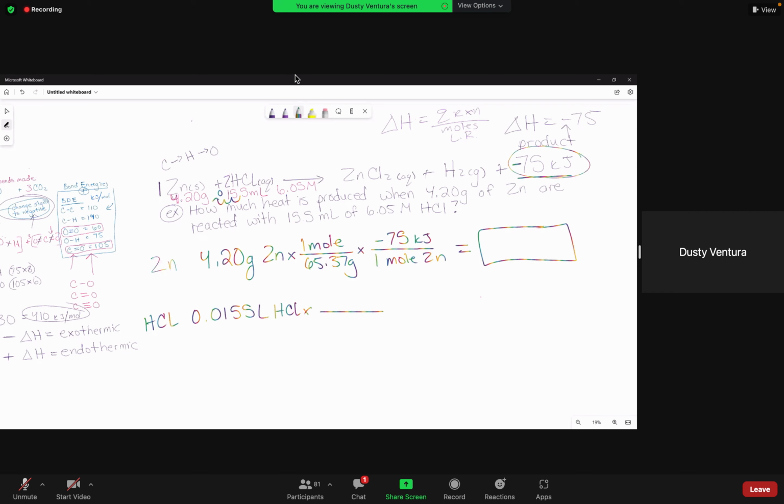And that's going to be multiplied by the molarity, 6.05 moles of HCl per 1 liter. That's what you do with molarity. You need to turn it into a unit conversion factor that's useful to you, like so.